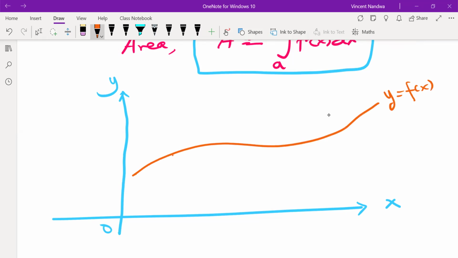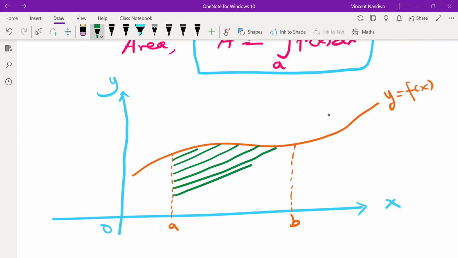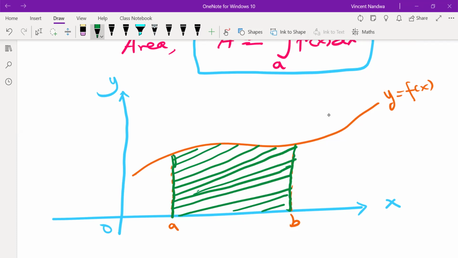If this is A, then this is B. So the area under the curve between A and B, this area, is what we're saying is given by the integral.